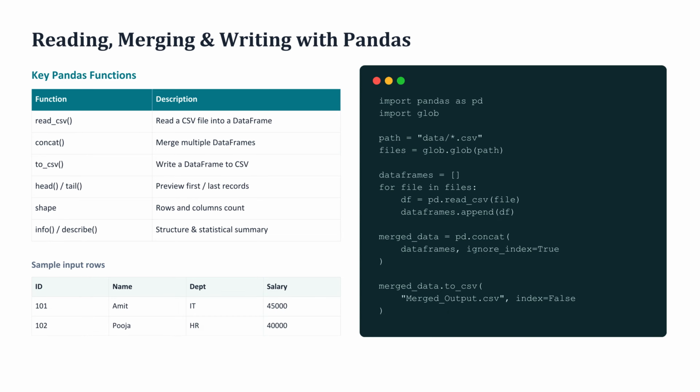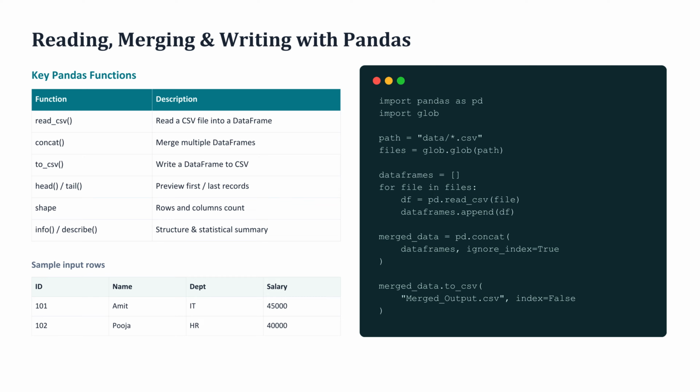Alright, now let's get into the actual code. We are going to use the Pandas library. If you have done any data work in Python, you already know this, the go-to tool. So here are some functions that we will use. read_csv reads a CSV file into a data frame. concat merges multiple data frames together.